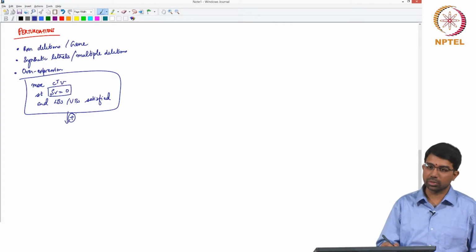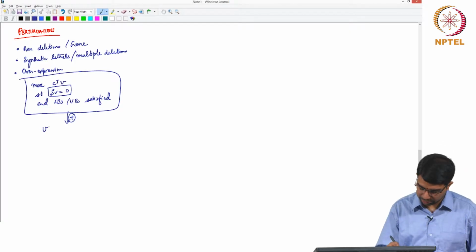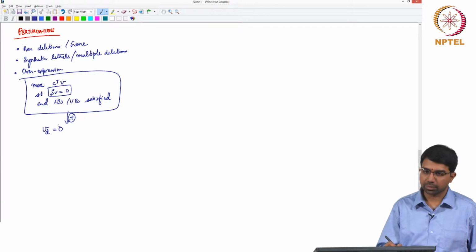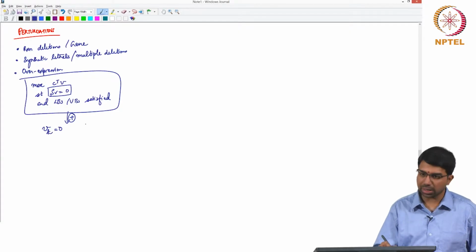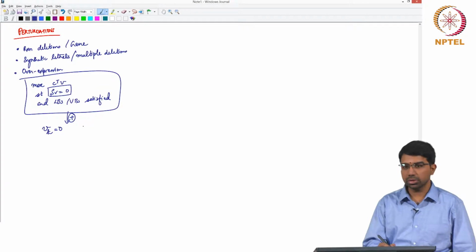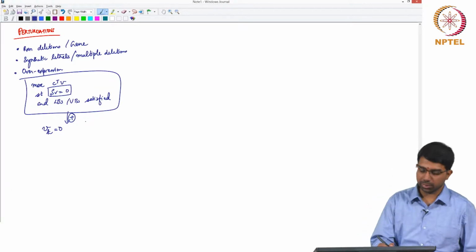For a deletion, how do you simulate a deletion? Add an additional constraint saying V d equals 0, or let us just say V k equals 0 for some reactions that we want to delete, for a single reaction or multiple reactions.